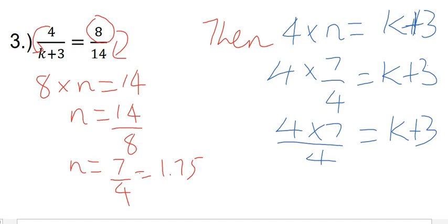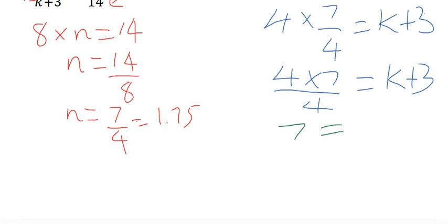All right, 4 times 7 is 28. Sorry, okay, that's 28 over 4 equals k plus 3.